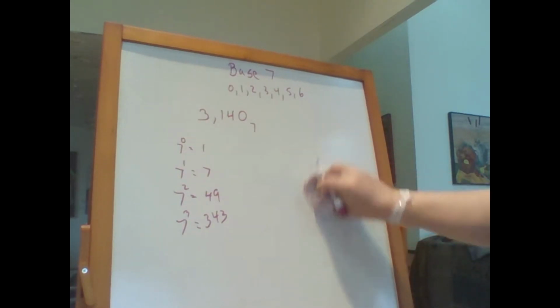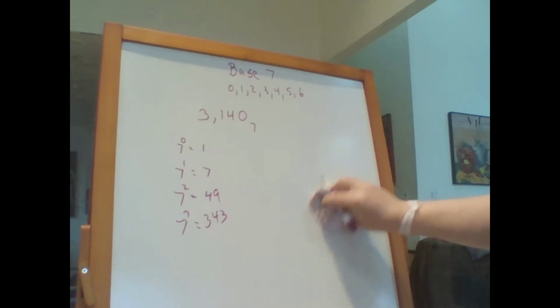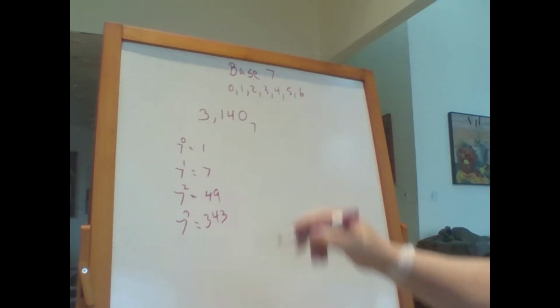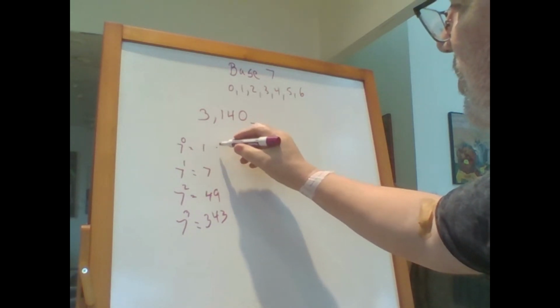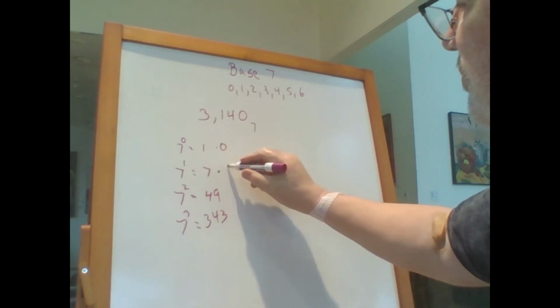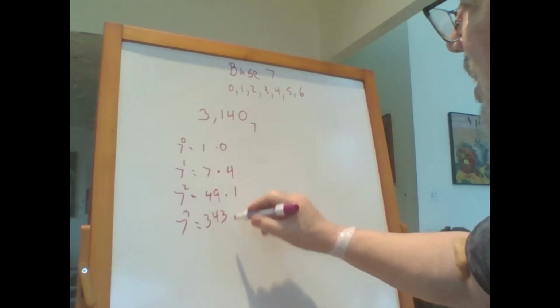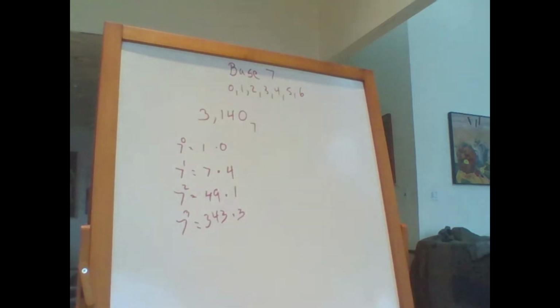Okay, so now this is times 0, times 4, times 1, times 3.